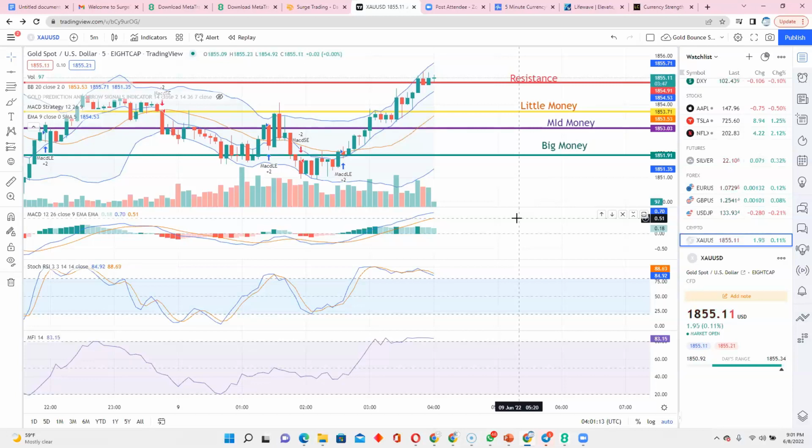But it keeps on staying around this little area right here. What we need is just a big candle going down. That would be great, like going down 50 cents, and then you'll see that it'll just keep on going down, down, down.